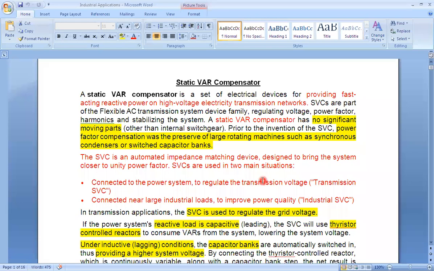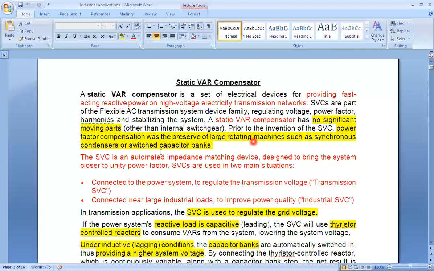Previously we were maintaining the power factor by injecting the capacitive or reactive component, but it was done either through a capacitor bank or by a synchronous condenser. And these two devices are mechanical devices and operated through a mechanical system. The synchronous motor is a rotating machine, so it is an electromechanical device.